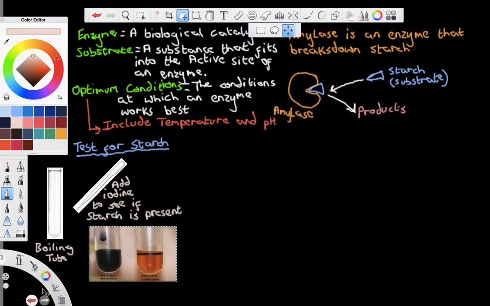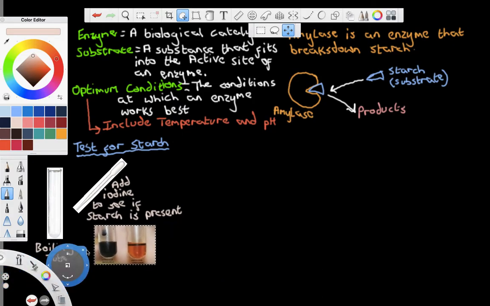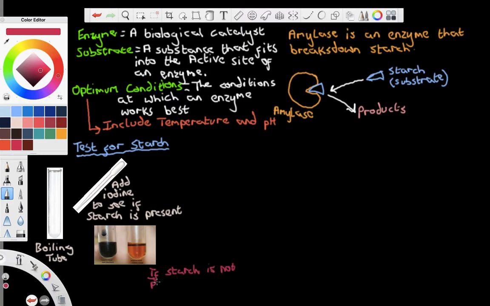So we can put this diagram down here. I can make it a bit smaller so I can fit some writing in. And we can say that if starch is not present, iodine stays orange. So if starch is not present, iodine stays orange.